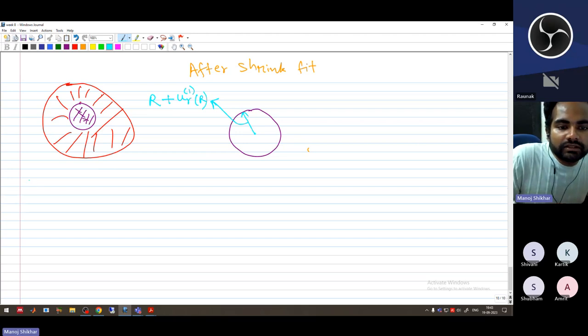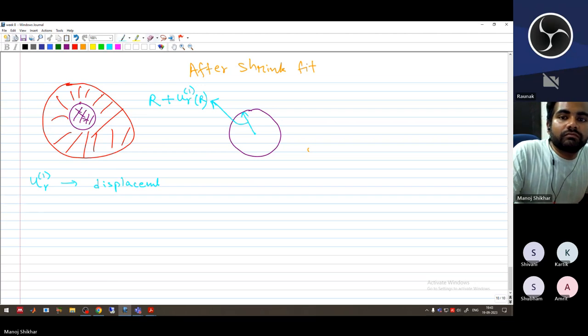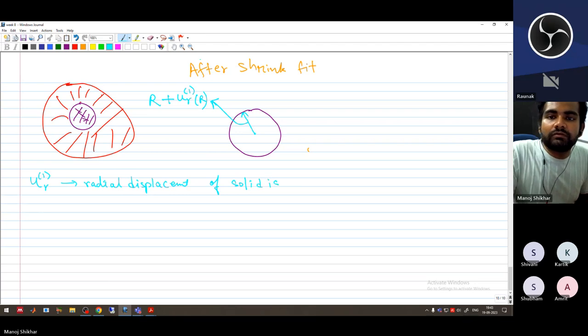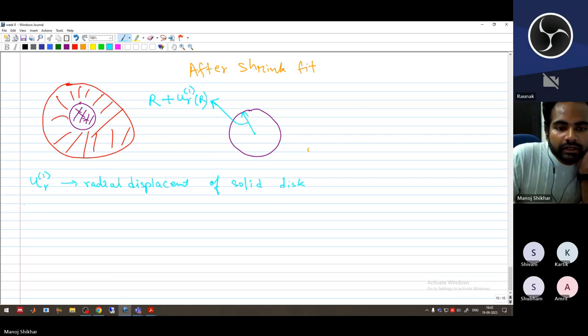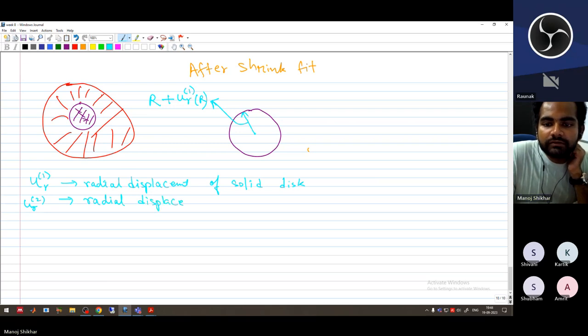so here I'd like to declare one thing. UR1 is the radial displacement of the solid disk, and if I write UR2, this means the radial displacement of the hollow disk.